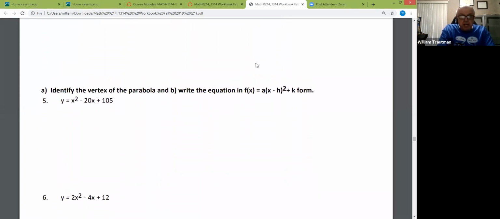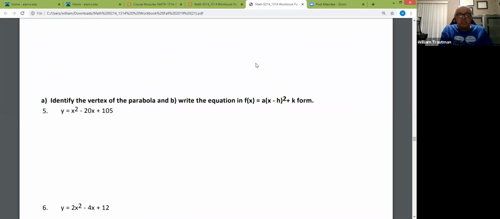Number 5. Identify the vertex of the parabola and then write the equation in this form. Trying to figure out how I want to approach this.